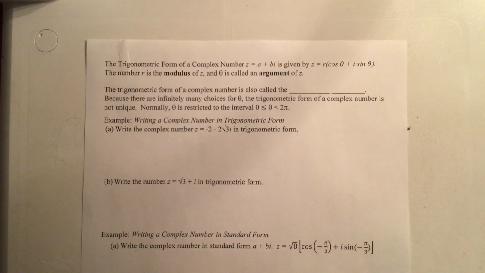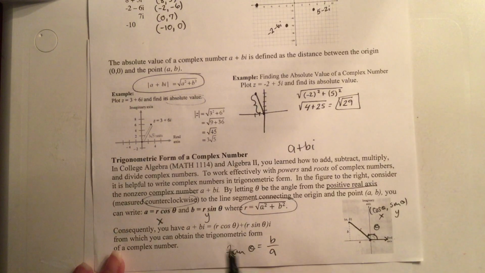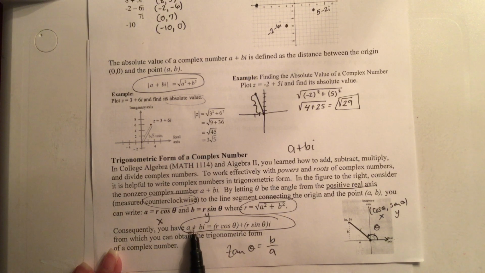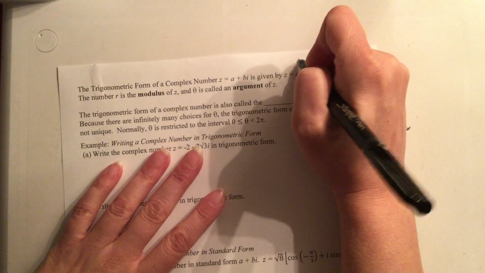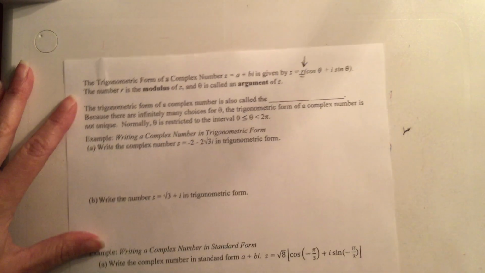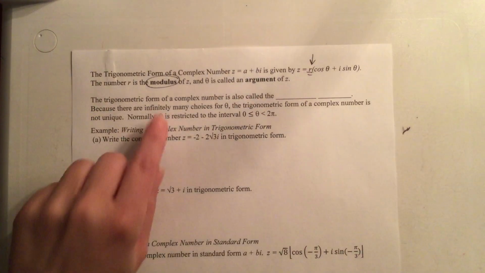One thing that they have us do, on one page in your book, is write it like this: a plus bi equals r times the cosine of theta plus r times the sine of theta i. Then on the very next page, they're like, guess what? This is like a greatest common factor. So you really only have to write r, which has a fancy name.